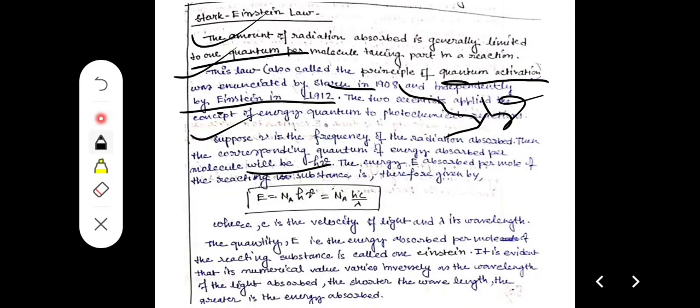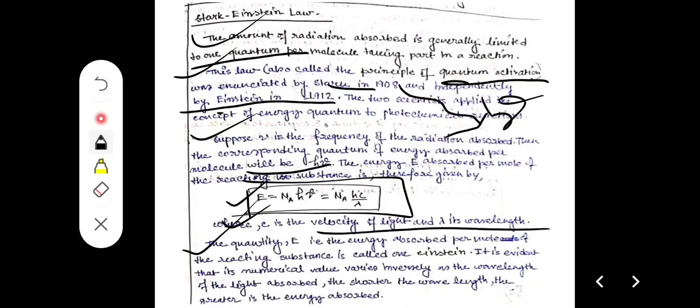So the energy E absorbed per mole of the reacting substance is equal to Na h nu per mole, so we can say Na h c by lambda, where c is the velocity of light and lambda is the wavelength. The quantity E, the energy absorbed per mole of the reacting substance, is basically called an Einstein.